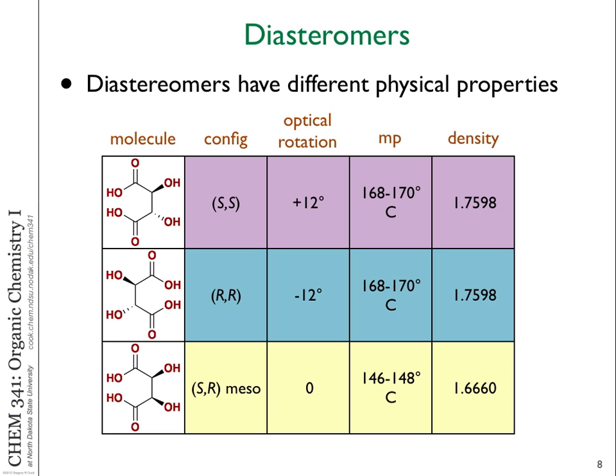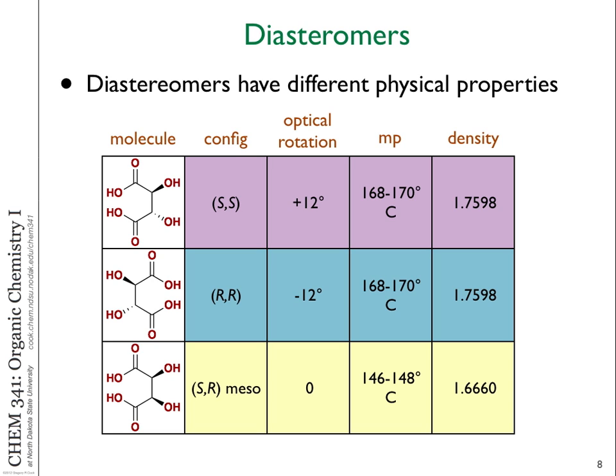The mirror image isomers have the same amount of rotation, just different directions. That's what that sign means, the plus or the minus, referring to the rotation of that light in one direction or the other. So, you can see now that physical properties can be different for stereoisomers which are related as diastereomers.